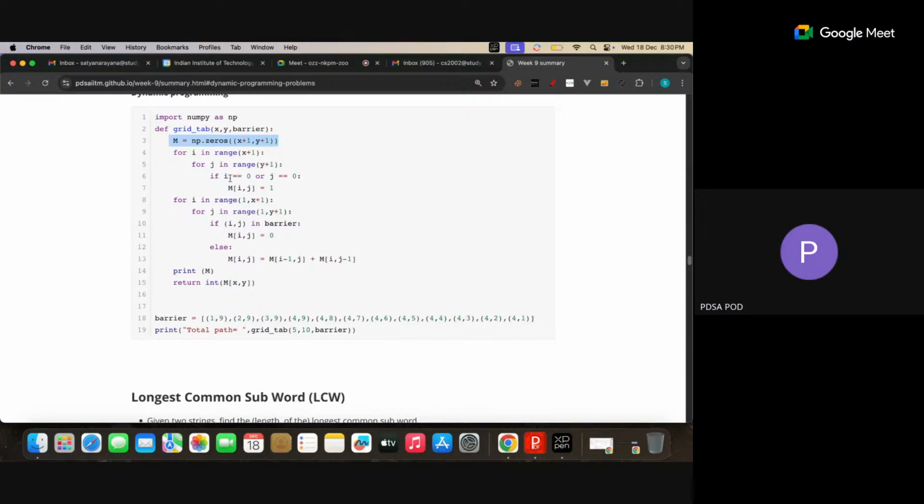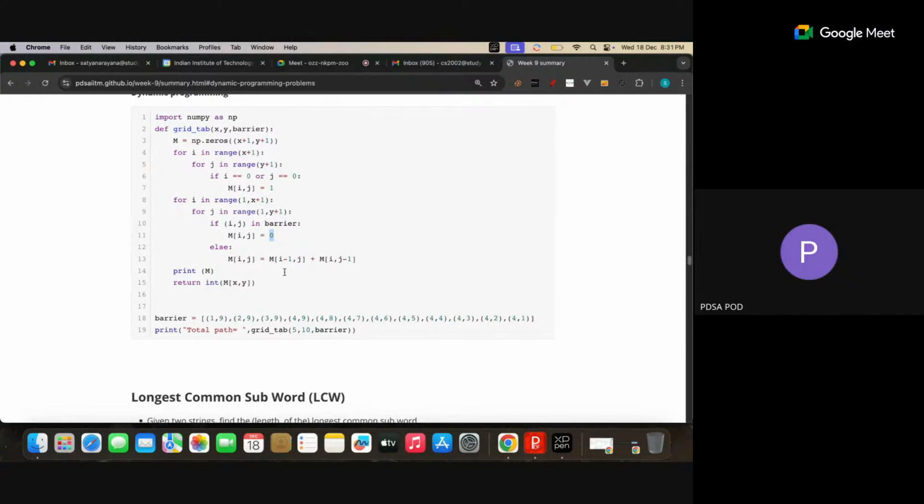Initially what they fill is, whenever i or j is 0, that 0th row or 0th column, all of them will be filled with ones. Similarly, barrier points they fill with 0.